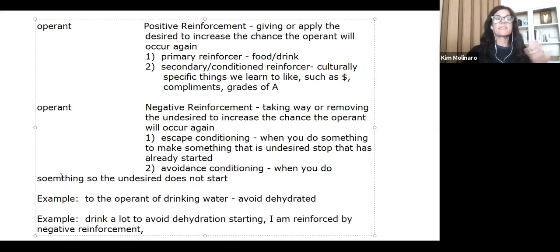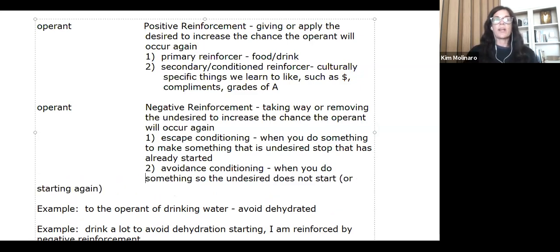So you're not stopping it once it started. You do something to avoid it from starting, or starting again, if you've experienced that in your past. So when I drink lots and lots so that I don't get dehydrated, I'm reinforced to continue to do it, drinking lots and lots, by negative reinforcement avoidance conditioning.